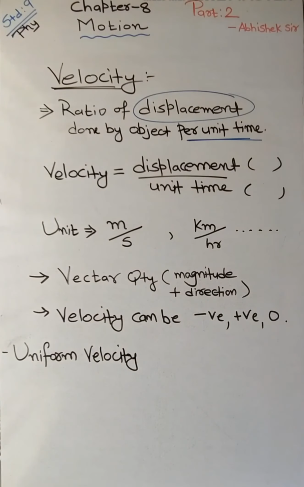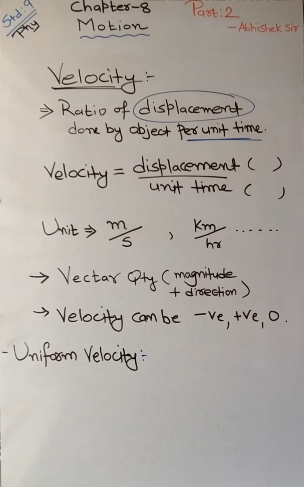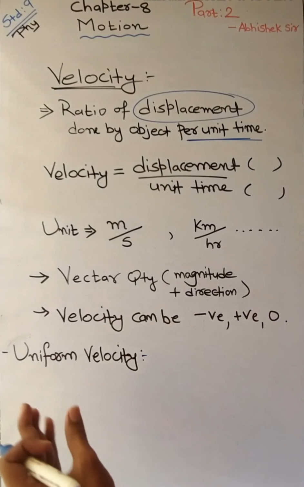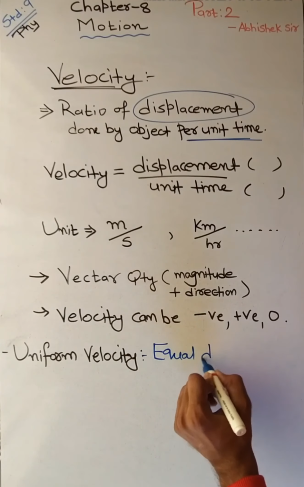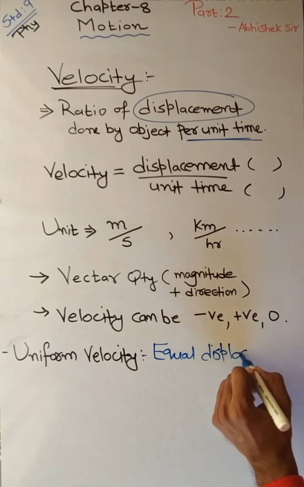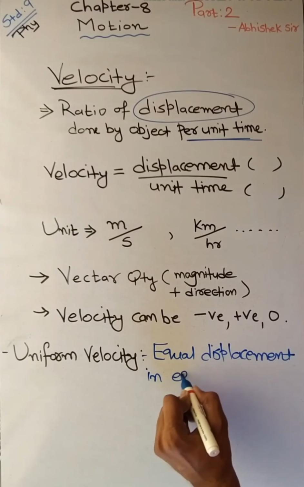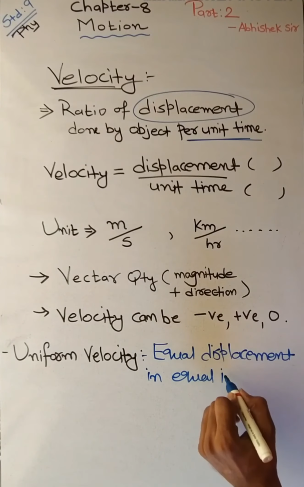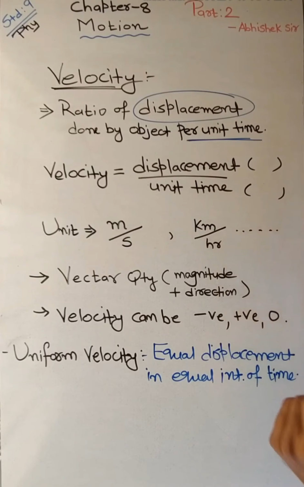In speed, if the object was covering equal distance in equal intervals of time, it was uniform speed. So here for velocity, we will write: equal displacement in equal intervals of time. This will be uniform velocity.